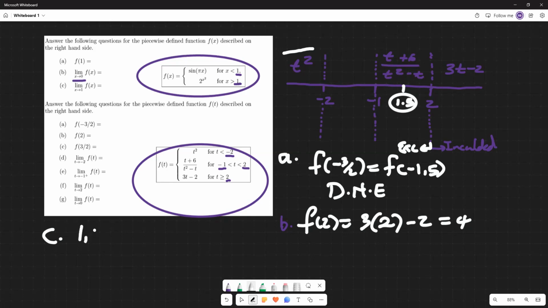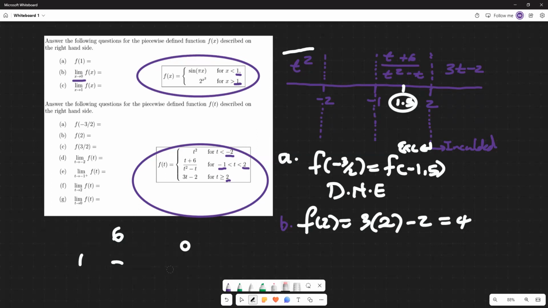It's going to be 1.5 plus 6 over 1.5 squared minus 1.5, which gives us, let's see, 10. So the value for C is 10.